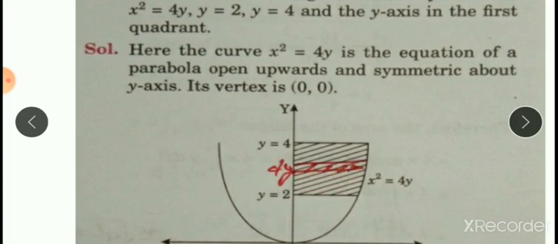You can see that the limits are given, y is equal to 2, y is equal to 4. Those limits are on the y-axis, means our strip will run along the y-axis.